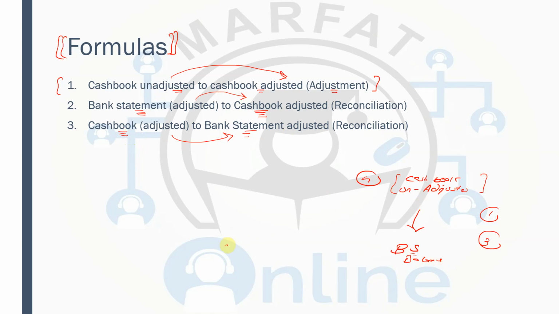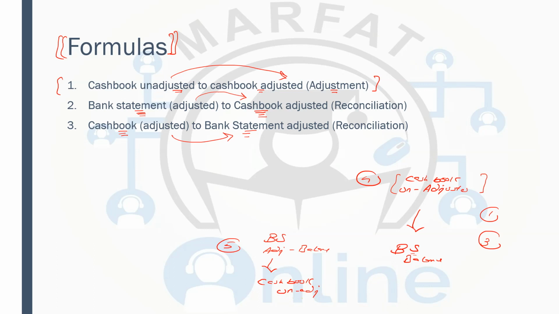Another possibility in the exam may be that they have given you the bank statement balance, and obviously we have the adjusted balance always of the bank statement. Bank statement adjusted balance, and they are asking you to calculate the cash book unadjusted balance.